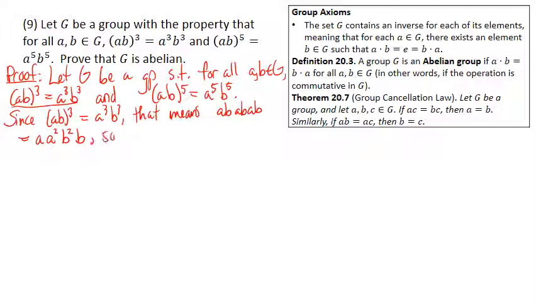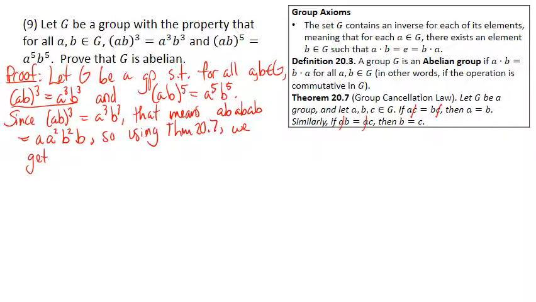So using theorem 20.7. Okay, so theorem 20.7 says that we can cancel things in groups. If we have the same element on the right, we can cancel it like this, or if we have the same element on the left, we can cancel it like this. So we're going to do that here. So what's going to cancel here?